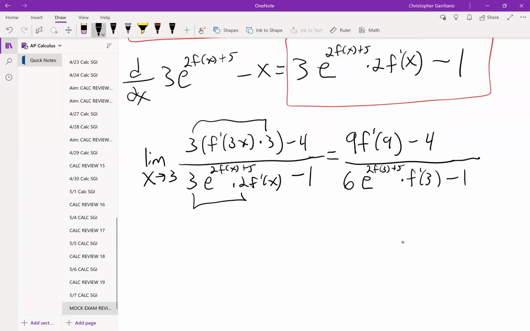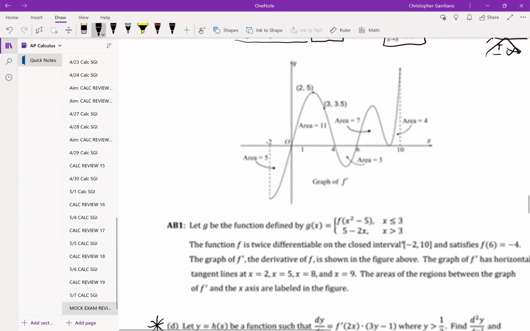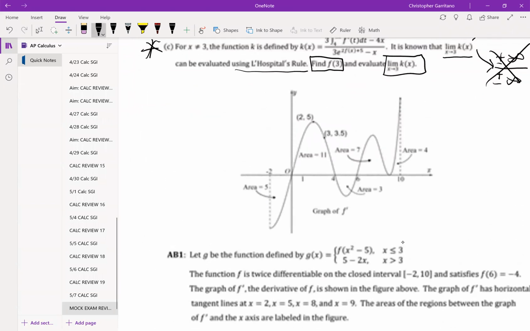All right, so this limit is going to equal 9 times, well, what's f prime of 9? Well, I have the graph here of f prime. F prime of 9 is right over here.